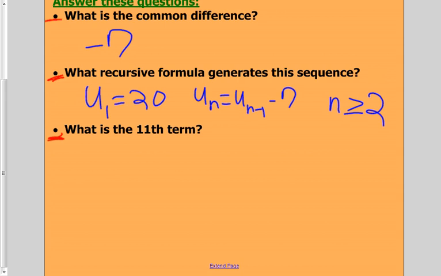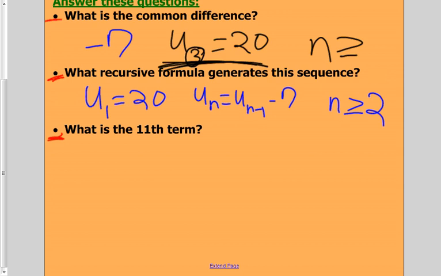If my first term was given to me as, U of 3, for some reason they decided 3, maybe just to be annoying, is equal to 20. Well, this is my first given term, so I don't know what my second term is. So then my golden rule, I'm just taking this and adding 1, so n would be greater than or equal to 4 there.